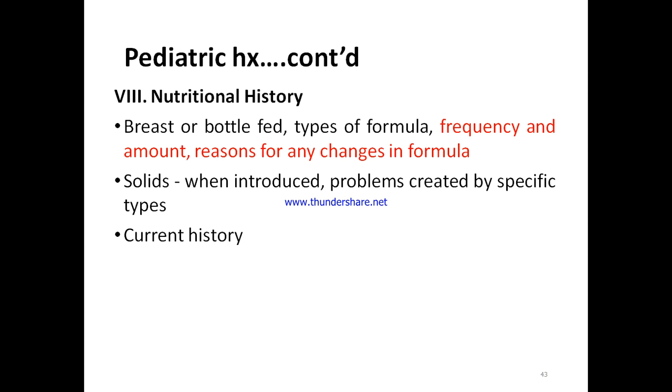The most important nutrition for a neonate is breastfeeding, and it's better to assess whether the child gets breast or bottle feeding, what types of formula the mother used, frequency and amount, the reason for any change in the formula, why the mother changed from breast to formula, and whether the mother or caregiver introduced solid foods, and what the current history is, because eating behavior may be affected by different illnesses.